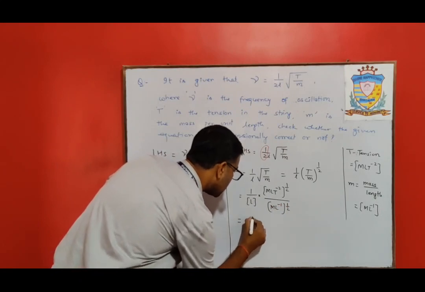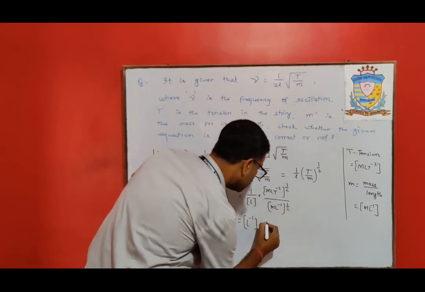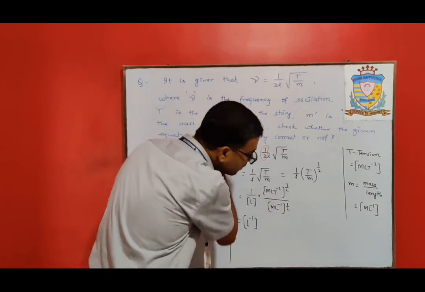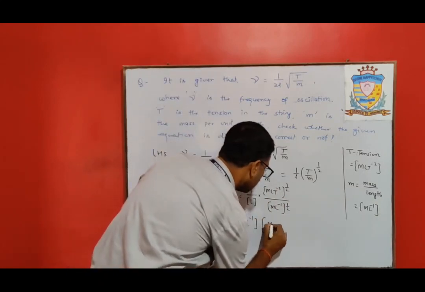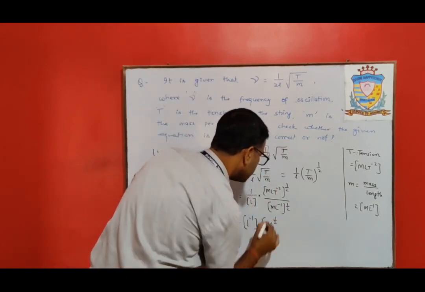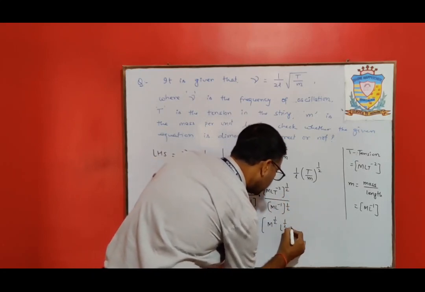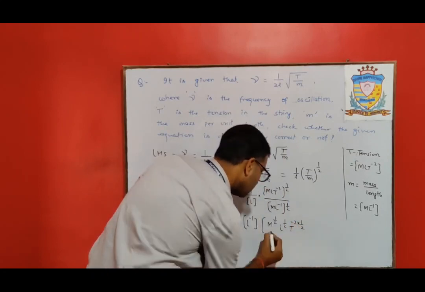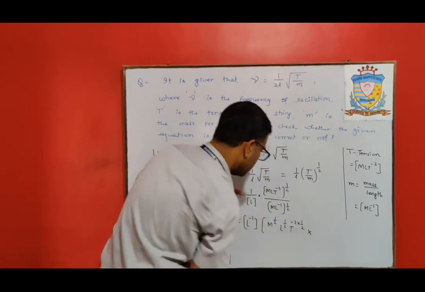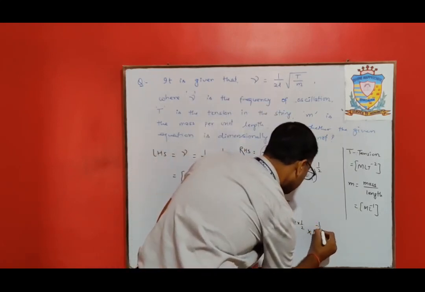So this becomes L minus 1, M half, L 1 by 2, and T minus 2 into 1 by 2. Clear? And this M will move upward, becoming M minus 1 by 2.